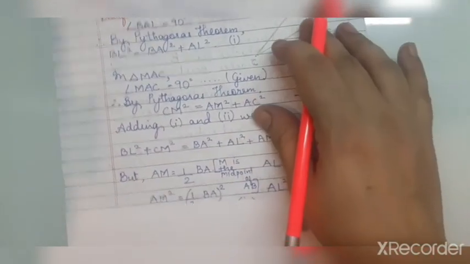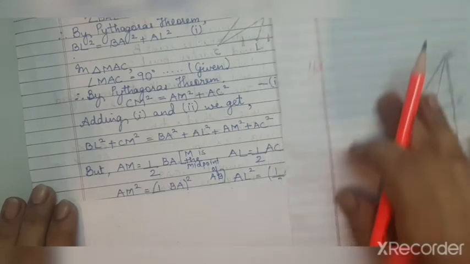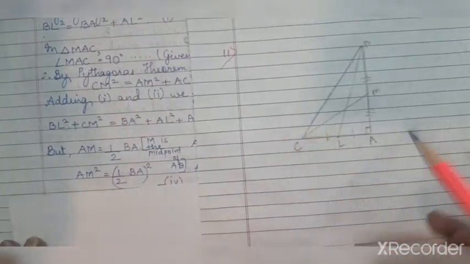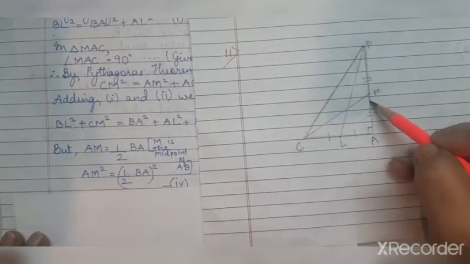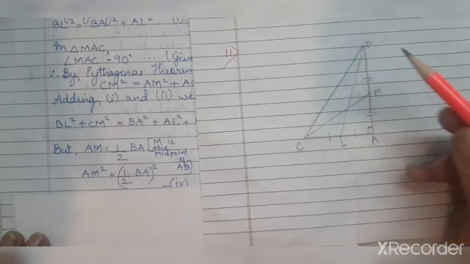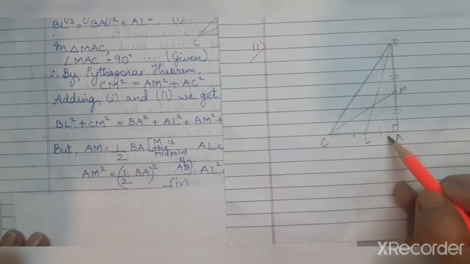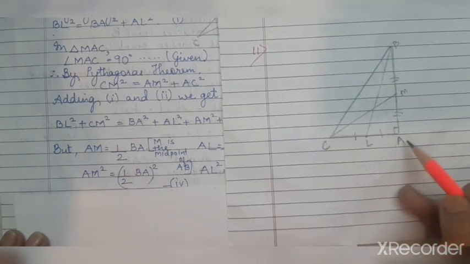If you see here, I have written, AM is equal to half of BA. Look in the figure. AM is equal to half of BA. And same way, here AL is half of AC.